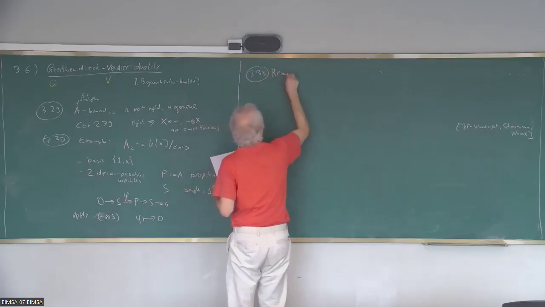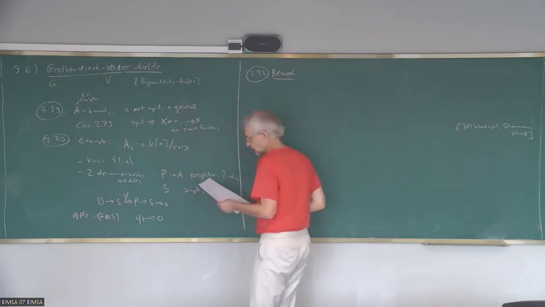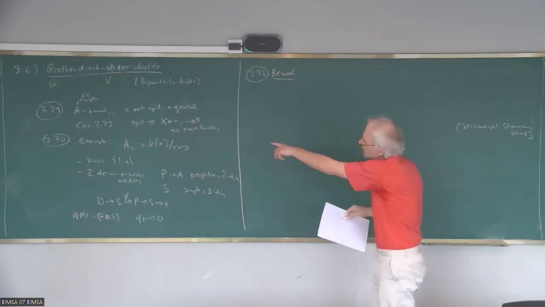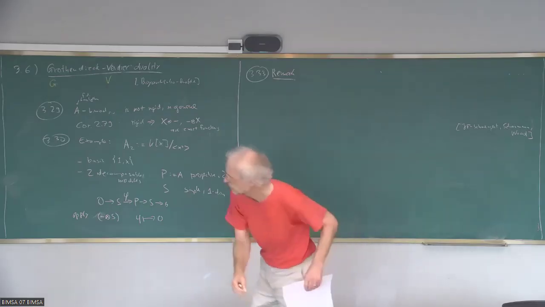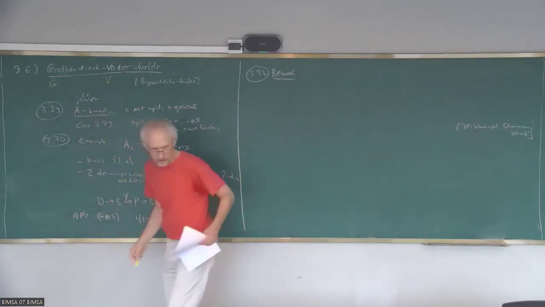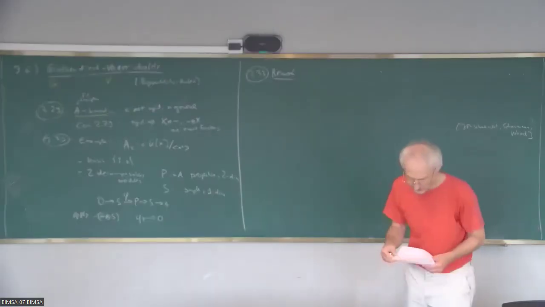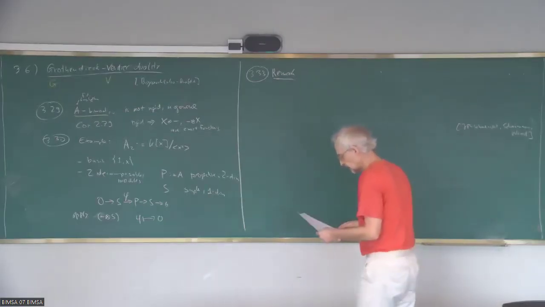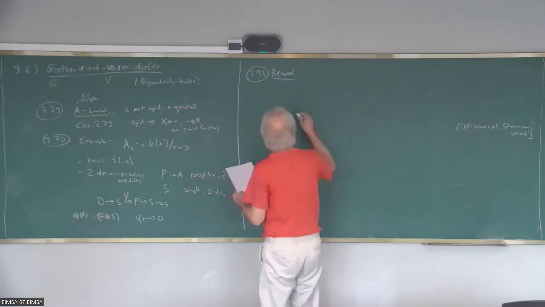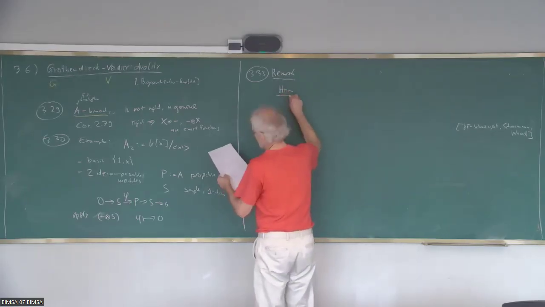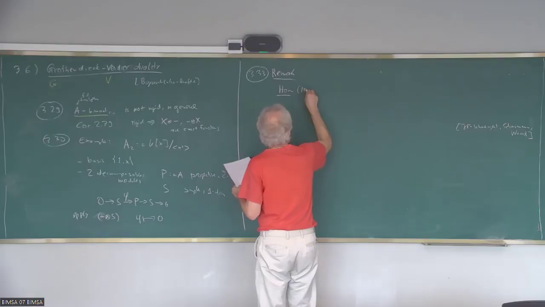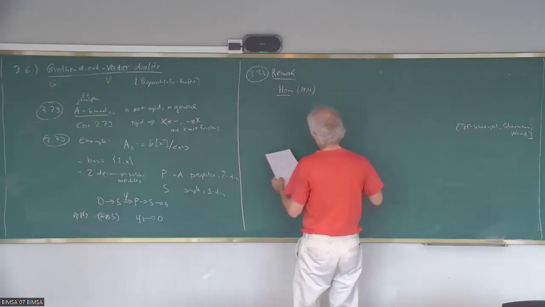It turns out that for these categories A-bimod, internal homs and cohoms exist. Let me just write the right internal hom.